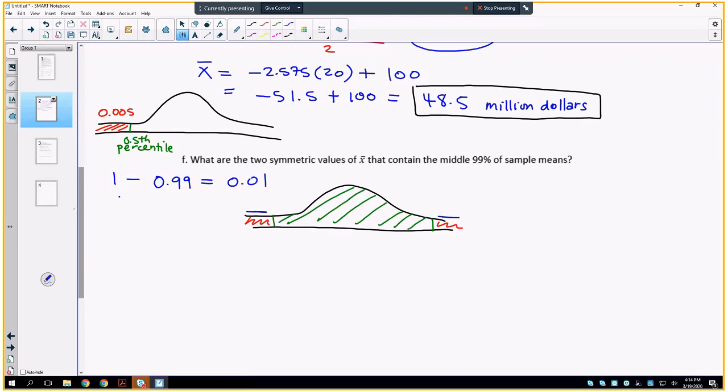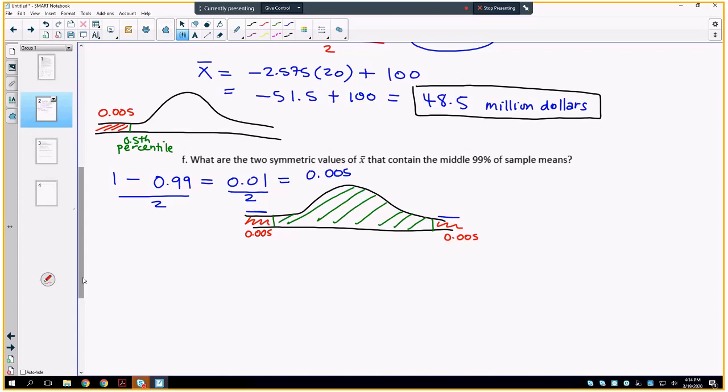So divide by 2, and I get that this red area is 0.005. This red area is 0.005. Then the green area in the middle is 99% of our data.